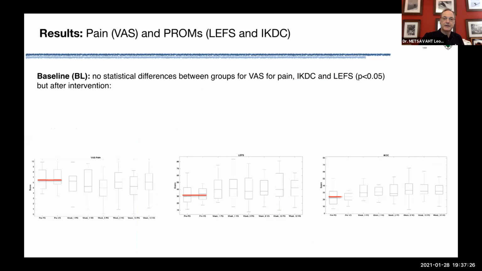And we could see in the study that at baseline, no statistical differences between the groups were perceived, even for pain, for IKDC and LEFS.